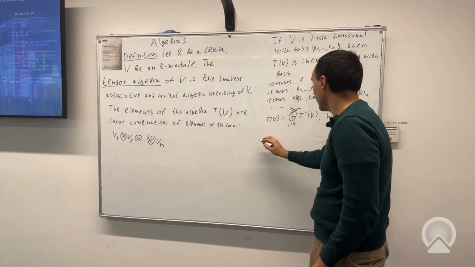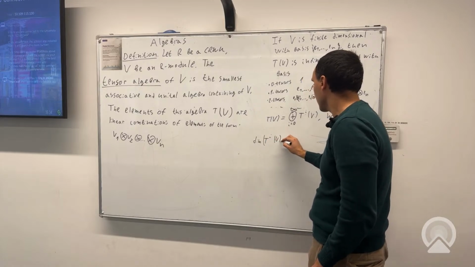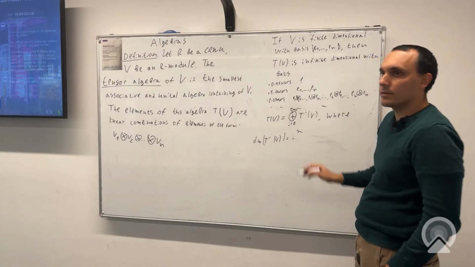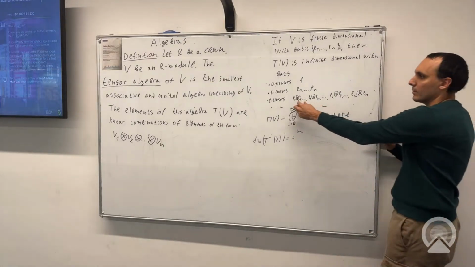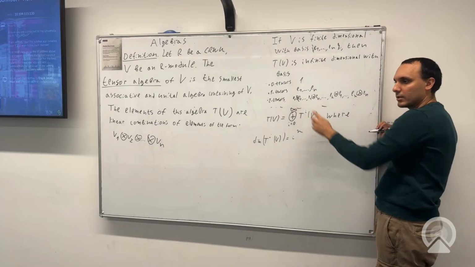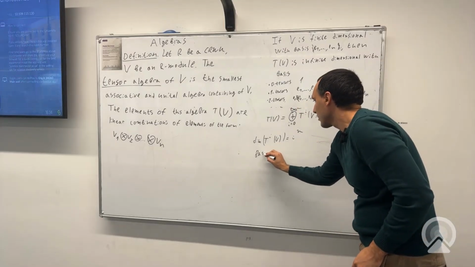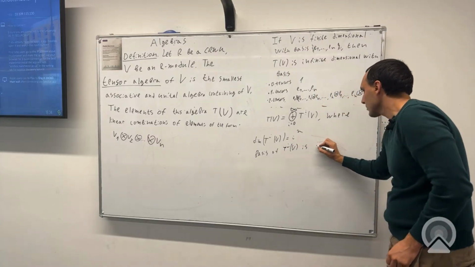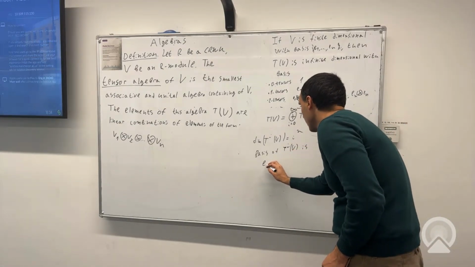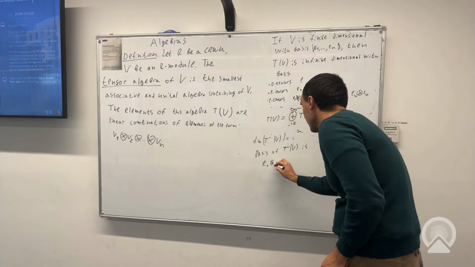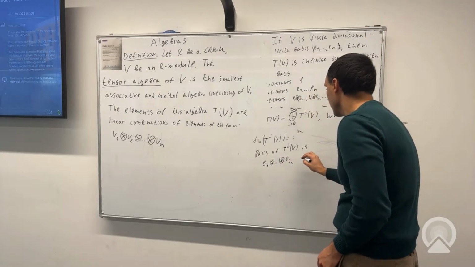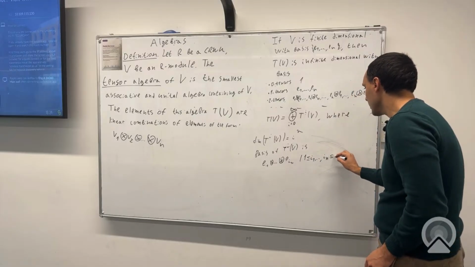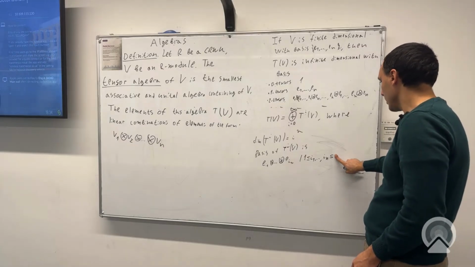T^i of V has dimension n to the power of i, because for example for 3 tensors, we have to choose 3 of the basis elements. So a basis of T^i V is E_{j1} times up to E_{ji}, where all indices are in this interval.